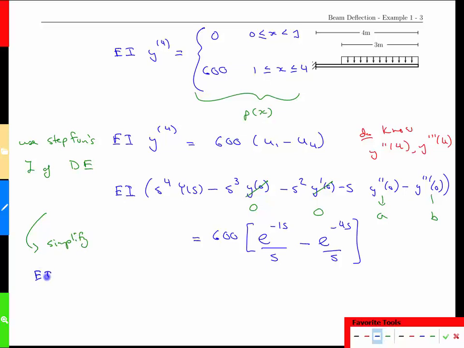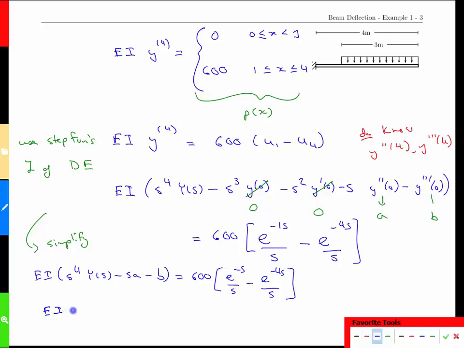We have our EI times s to the 4 Y of s minus sa minus b, and that equals our right-hand side, which is e to the negative s over s minus e to the negative 4s over s. And then we are honing in on Y of s, so we'll bring these two other terms over.